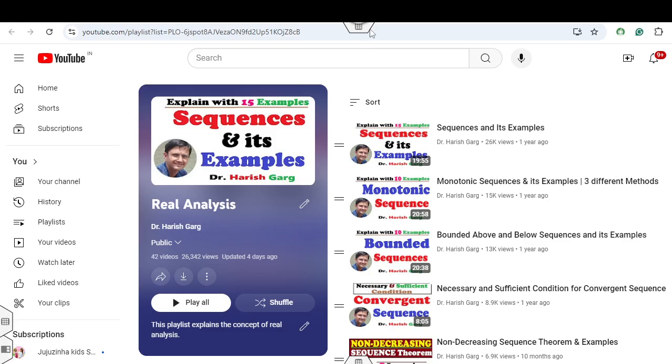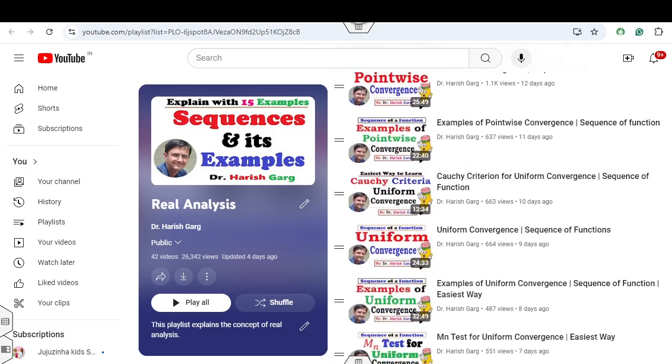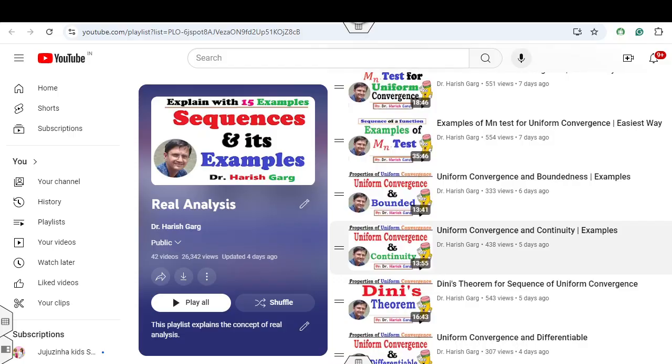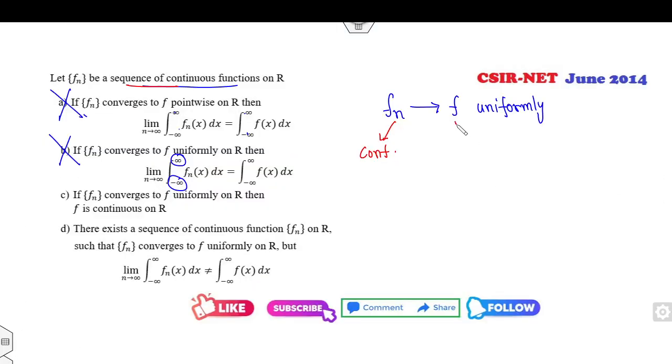So what is the property of uniform convergence? What does the lecture on uniform convergence and continuity suggest? This lecture suggested that f must be continuous. This result holds only if it is uniformly convergent.